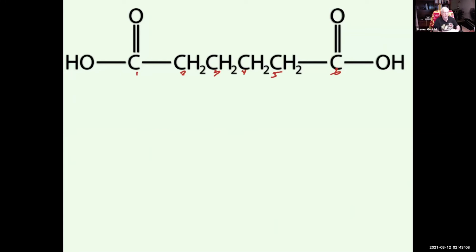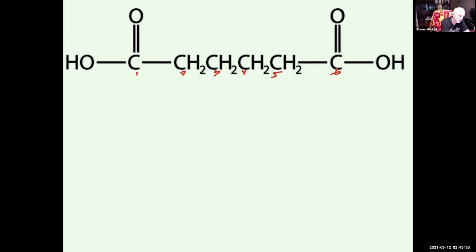Does it matter if I start on the left side with number 1 or the right side with number 1? Doesn't matter. Perfect. Exactly right. It's going to be the same numbers for our carboxyl either way because carboxyl groups are terminal. So we have 2 carboxylic acid groups. So you have 6 carbons.